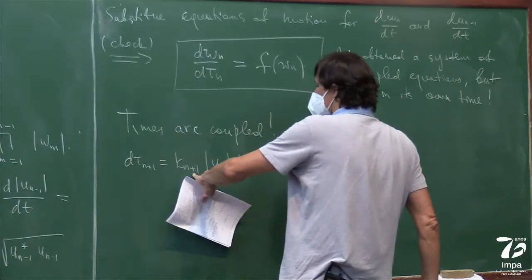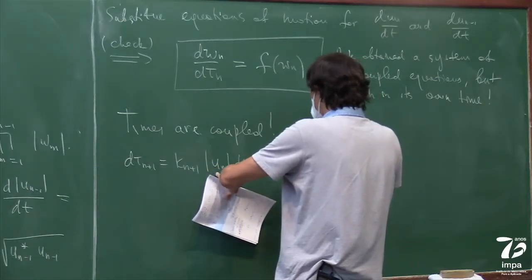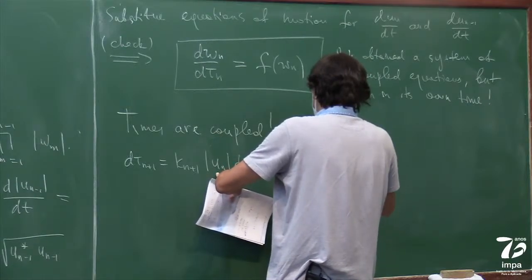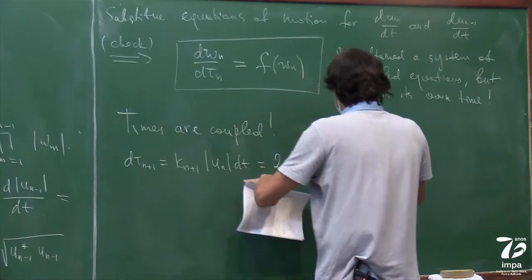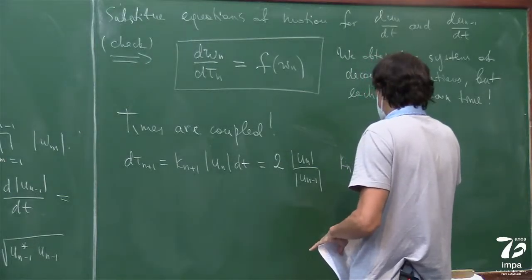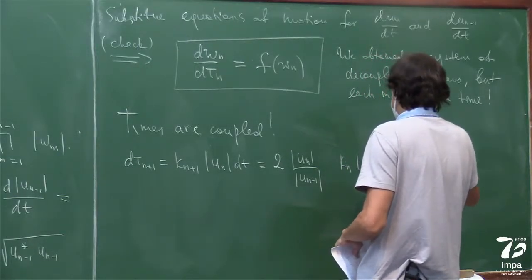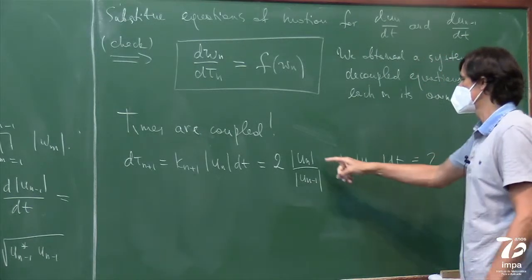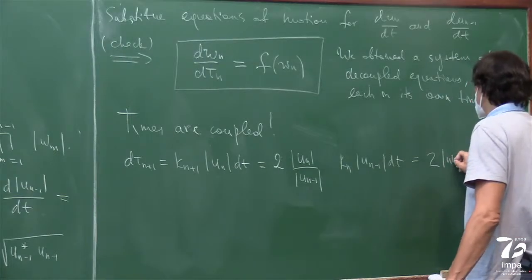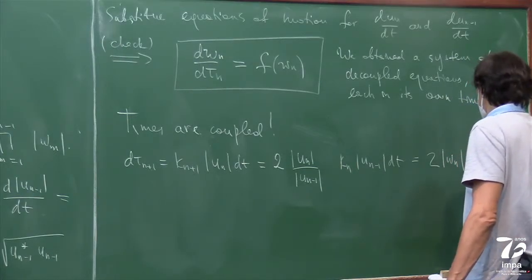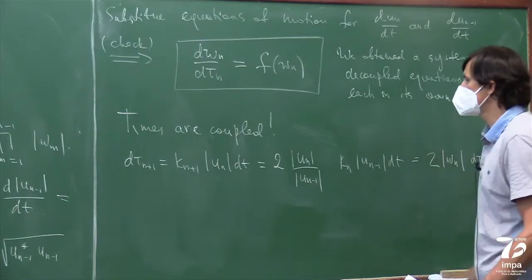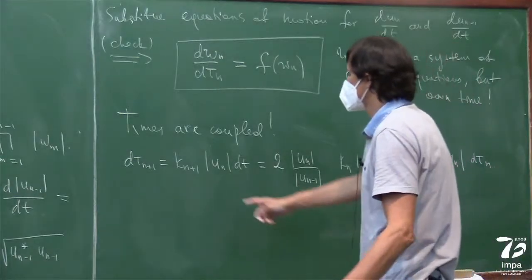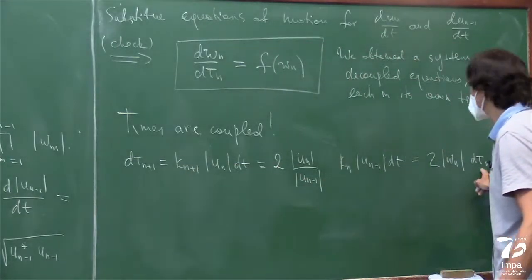You can take out the factor, then put un divided by un minus 1. Then what is left is kn modulus un minus 1 dt, and this is d tau n, right? And this is multiplied. So you see that there is a nonlinear relation between the two next times.